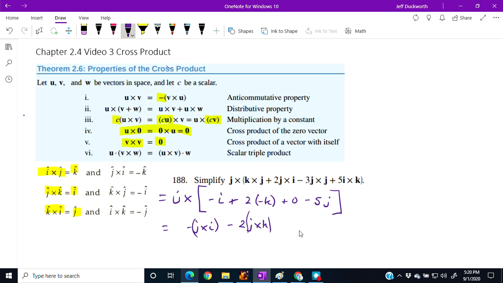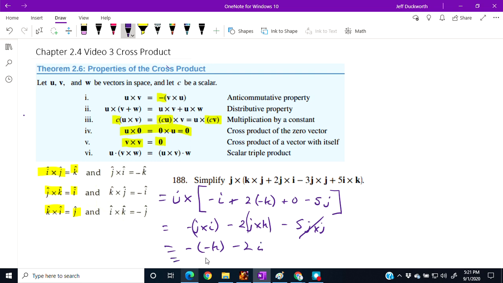I'm going to put parentheses around these. The 0 kills it, doesn't matter. And then we have negative 5j cross j. Well, this one goes away. That's 0. So j cross i is negative k. We have a negative in front, so we have negative k minus 2 times j cross k, can't read my own writing, and that is i.